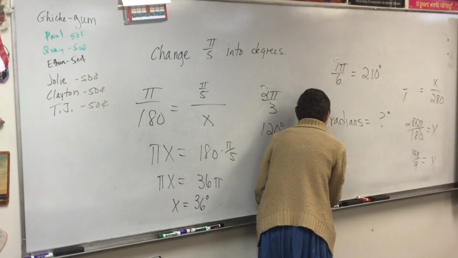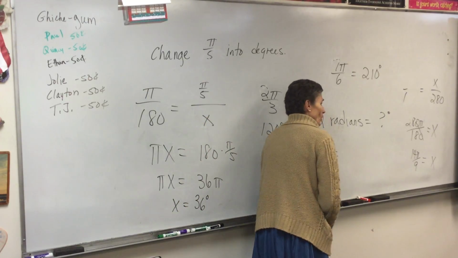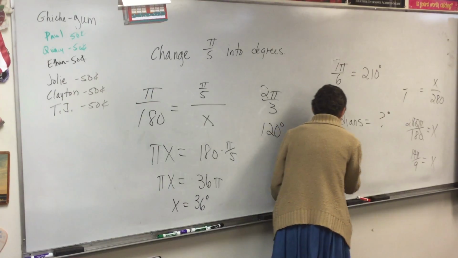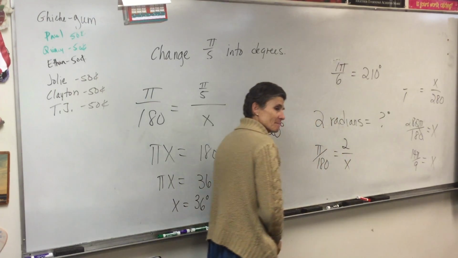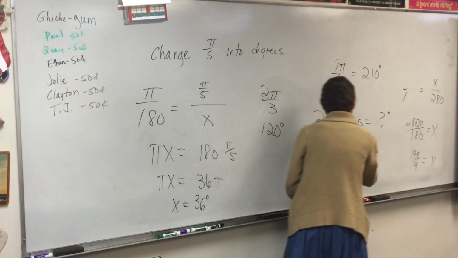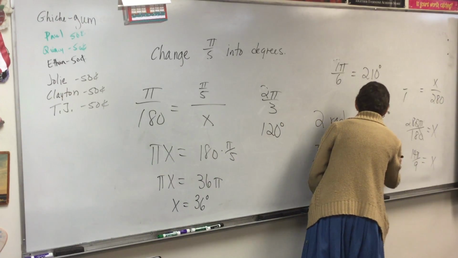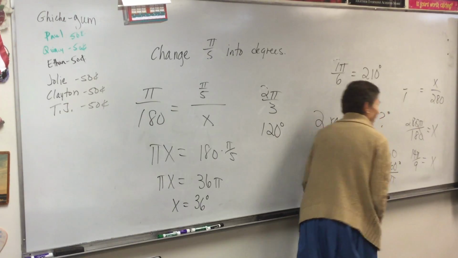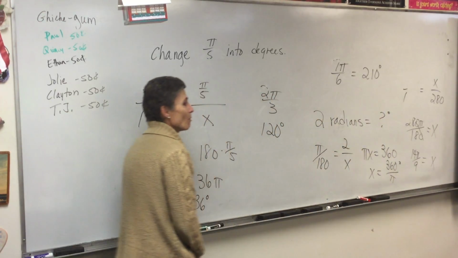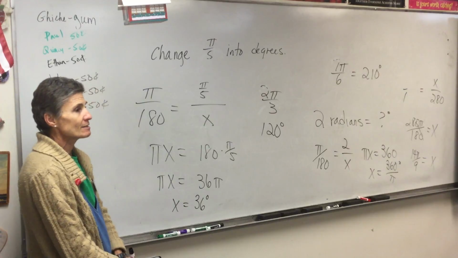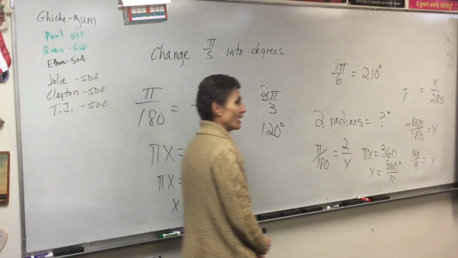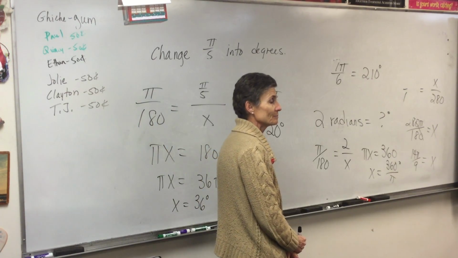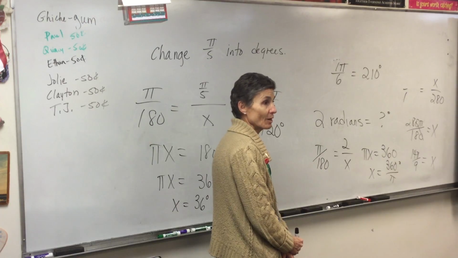Pi over 180 equals 2 over x. So pi x equals 360, and somebody said it, 360 divided by pi. So how many degrees is 2 radians? 360 divided by pi. All right?